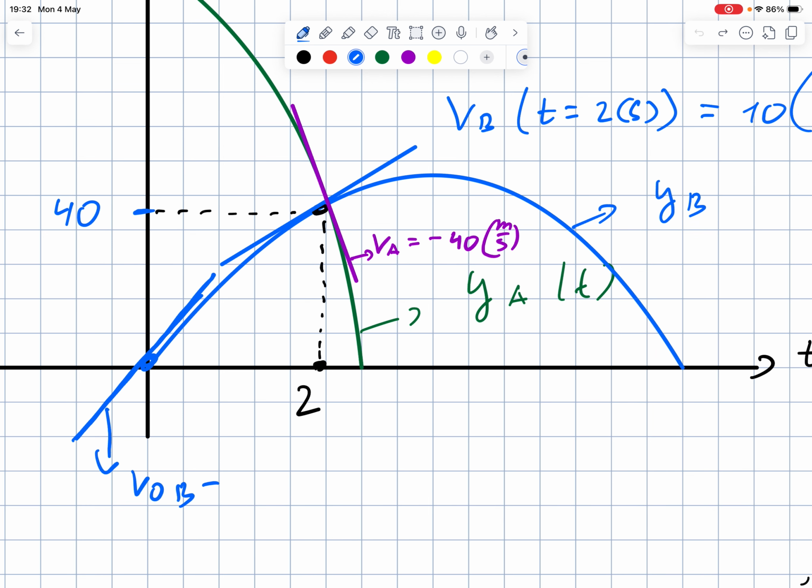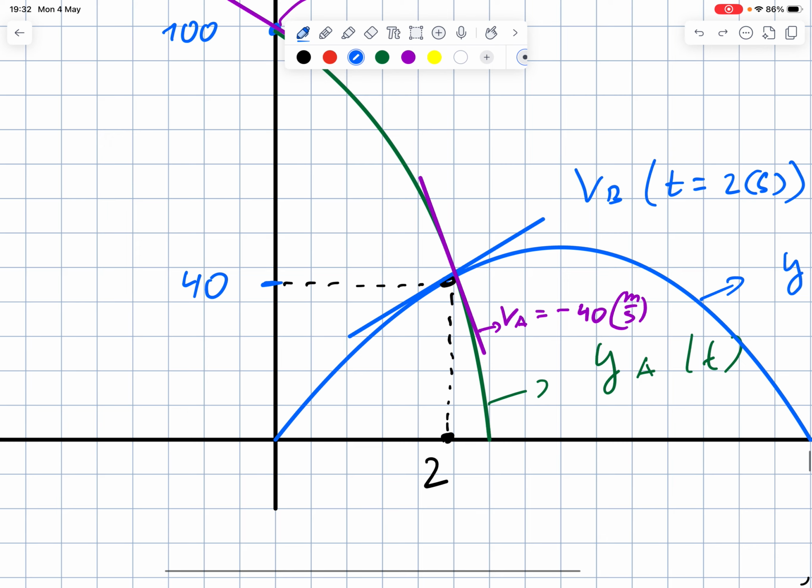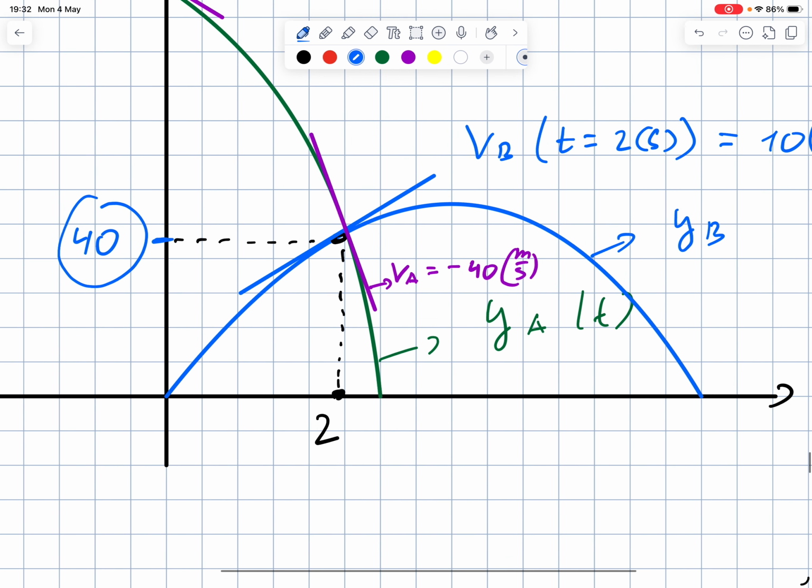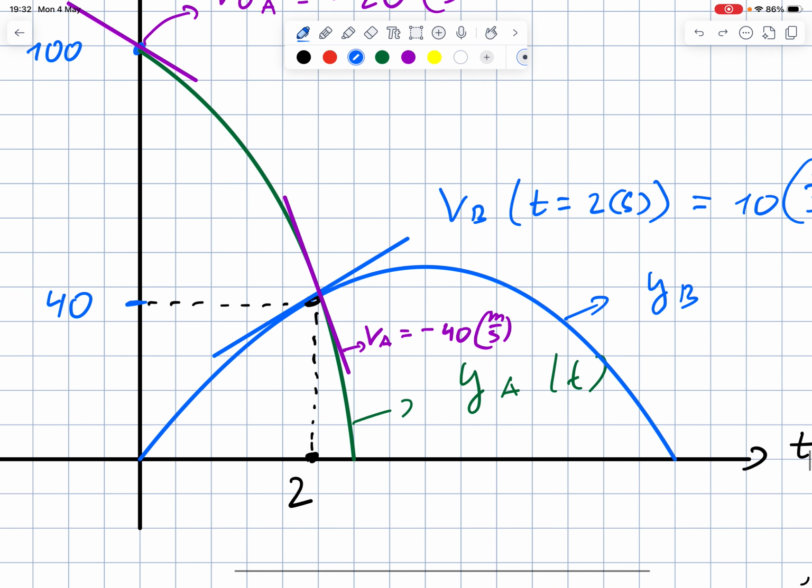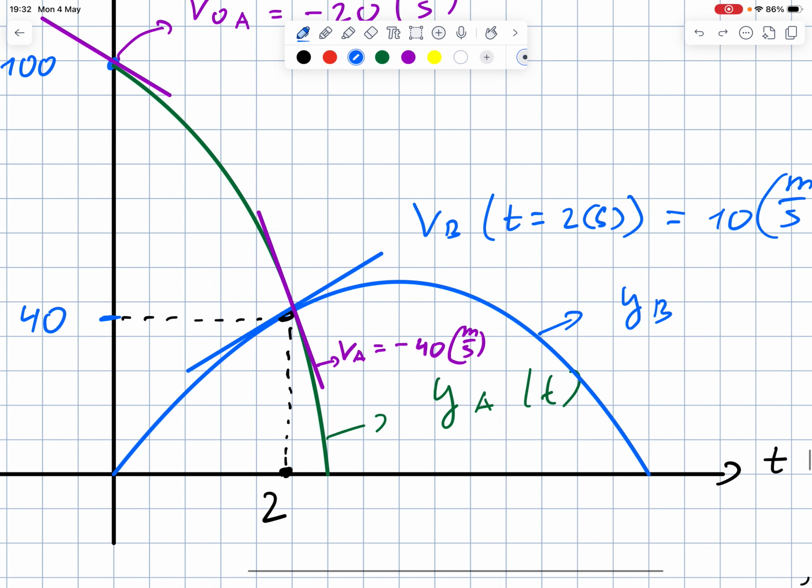Now, how about this point when they pass each other? The position is 40 meters for both objects, and it happens when t equals 2 seconds. Now, we found that the velocity of object B at t equals 2 seconds is plus 2 meters per second, which means that this slope should also be positive, as you can see.